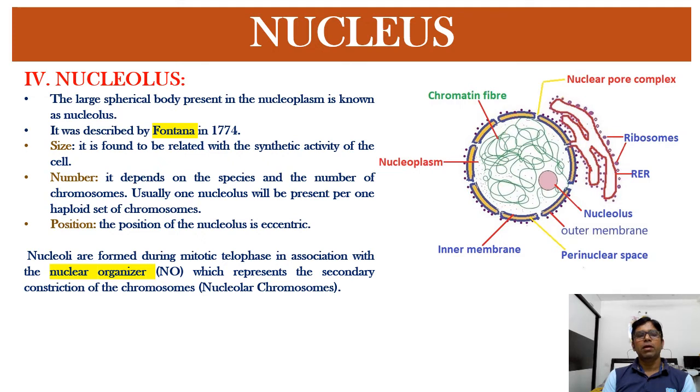The genes present in the NO region produce 18S rRNA, 5.8S rRNA, and 28S rRNA. The fourth type of RNA, 5S rRNA, is produced by genes present outside of the nuclear organizer region, while the genes for 18S, 5.8S, and 28S rRNA are present inside the nuclear organizer region.